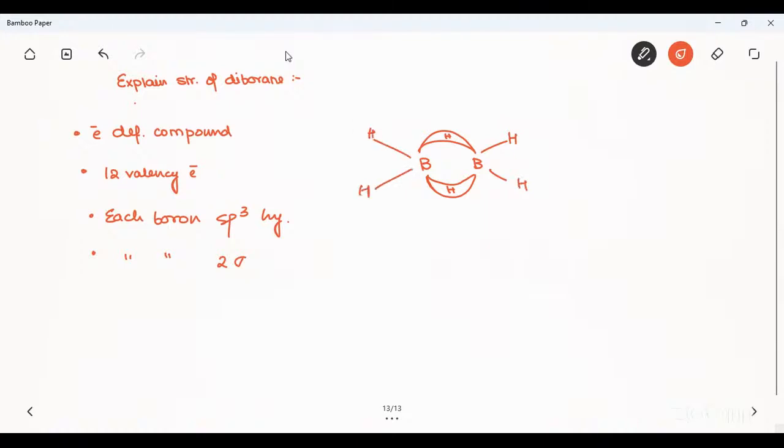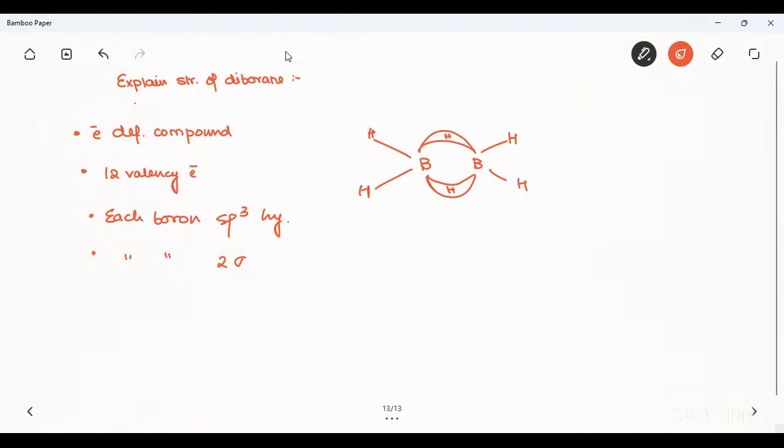So in the formation of this BHB bridge, what happens? The half-filled sp3 orbital of one boron atom and the vacant sp3 orbital of the second boron atom overlap with the 1s orbital of the hydrogen atom. And these three-centered two-electron bonds are also called banana bonds. These bonds are present above and below the plane of BH2.